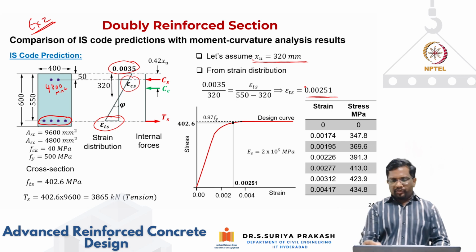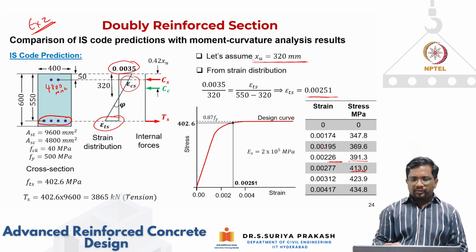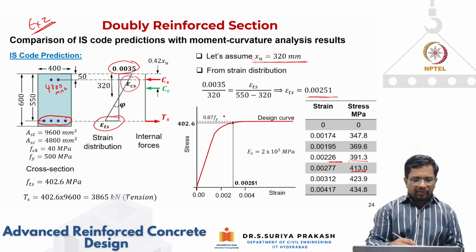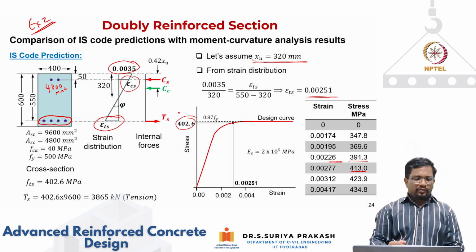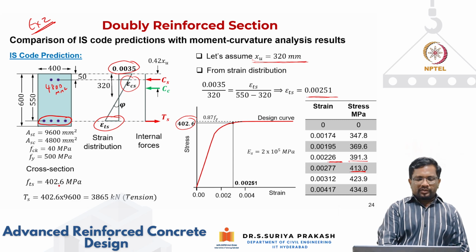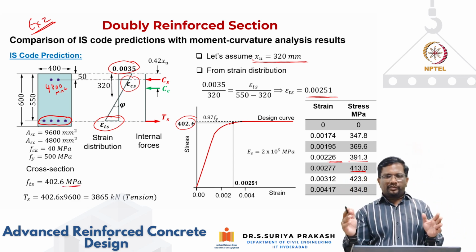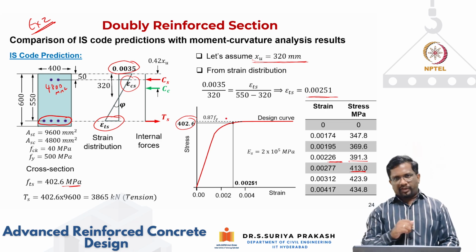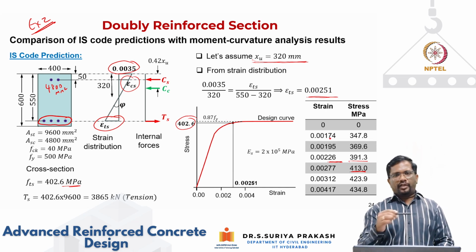For 0.00251, you see here, this is somewhere in between 391 and 430. So when you do interpolation on the stress curve, it works out to be 402.6 megapascal for stress. In elastic perfectly plastic, it is very easy. But here I have to follow the design stress strain curve specified by IS 456, which has different ranges that I need to follow.